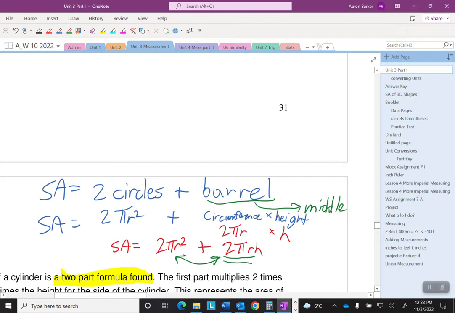What does 2 pi r squared represent? Two circles? You're right. 2 pi r squared, 2 circles. So you need to understand that, because sometimes we take the lid off the cylinder, so there's not 2 circles, there's only 1.